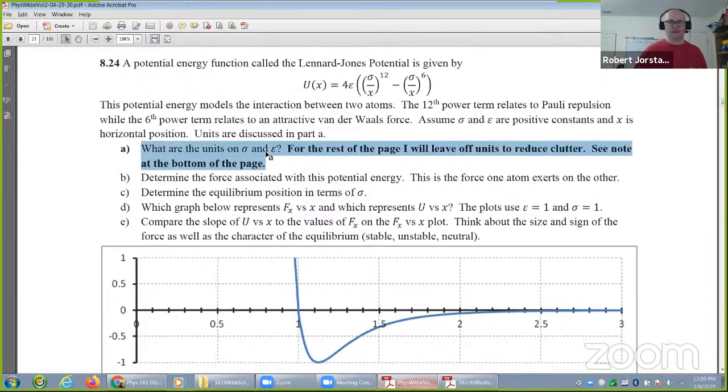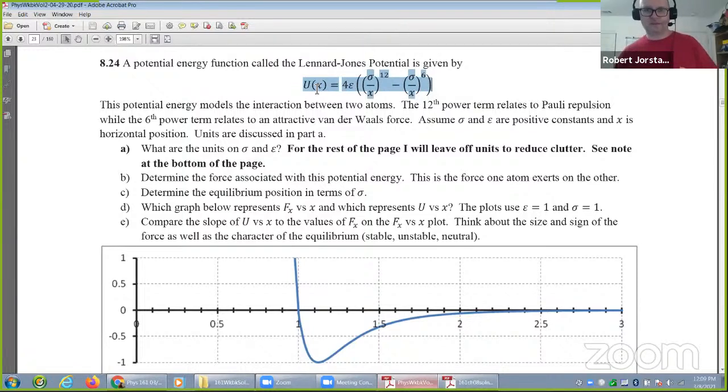But before we do that, let's figure out the units on sigma and epsilon, okay? So when you look at this crazy equation, we need to figure out the units. Where would you start in figuring out the units on that beast? Would you start with trying to figure out the units for sigma, or start with trying to figure out the units for epsilon?